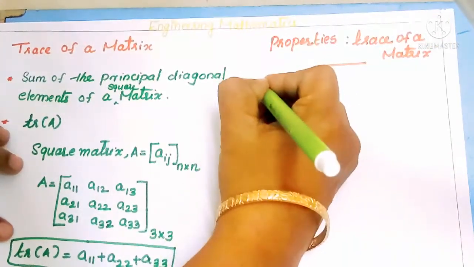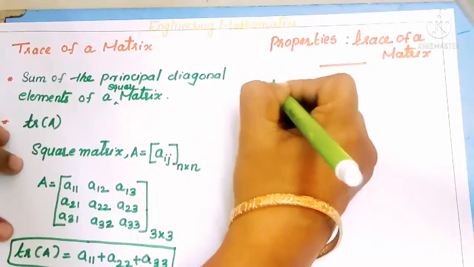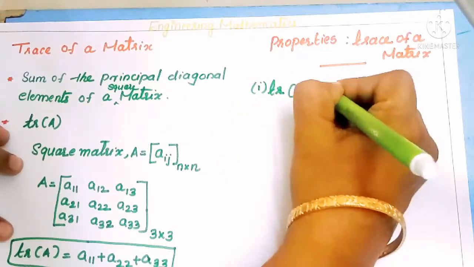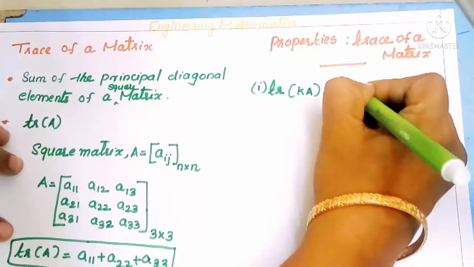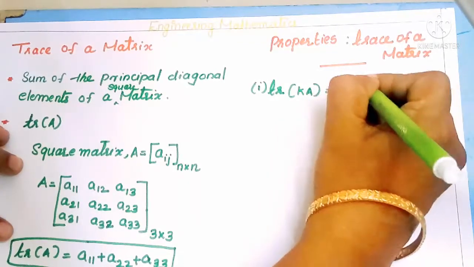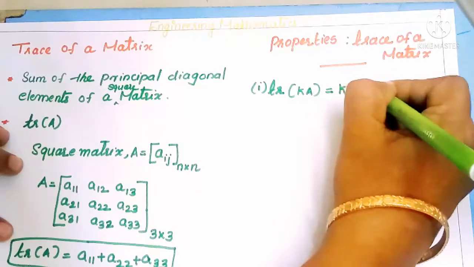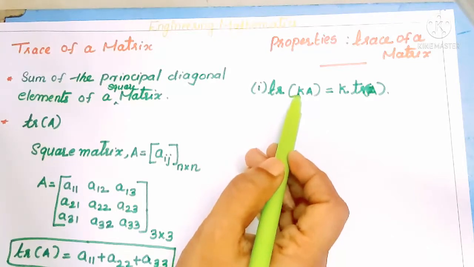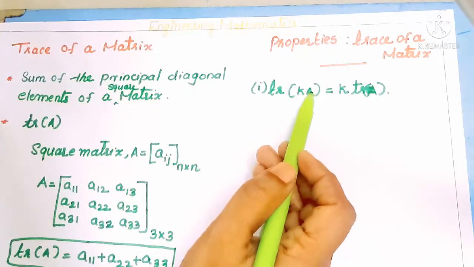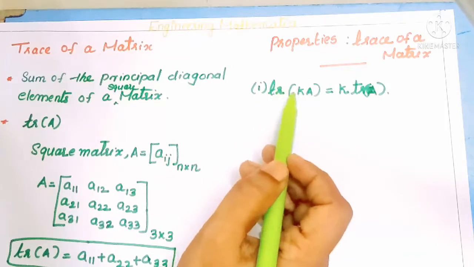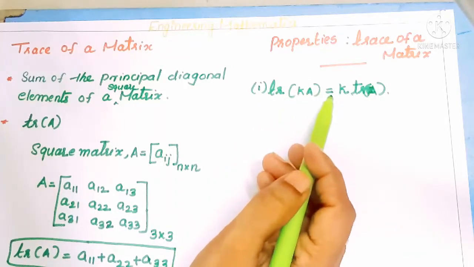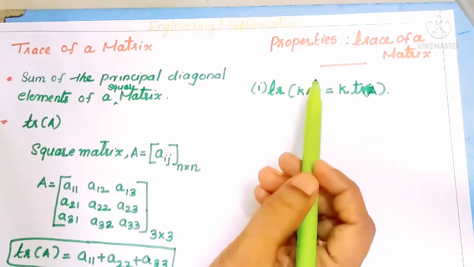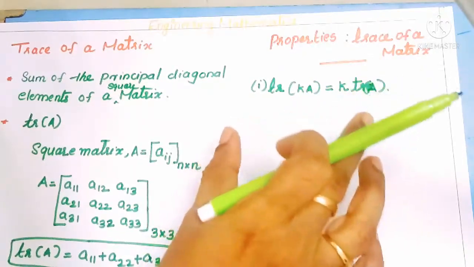First property: trace of k A should be equal to k times trace of A. Here we are multiplying a scalar factor to the matrix A. Then we take the trace of kA. It should be equal to the scalar factor times trace of A. The property says these two are equal.